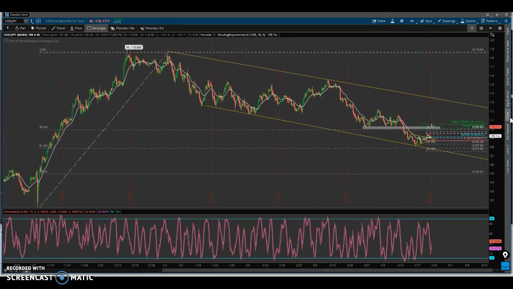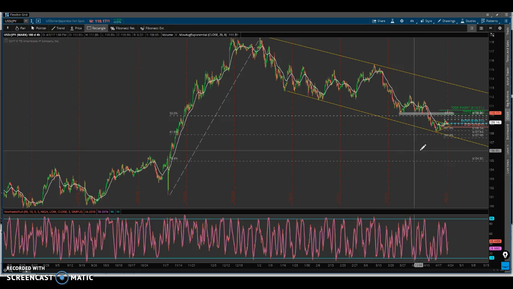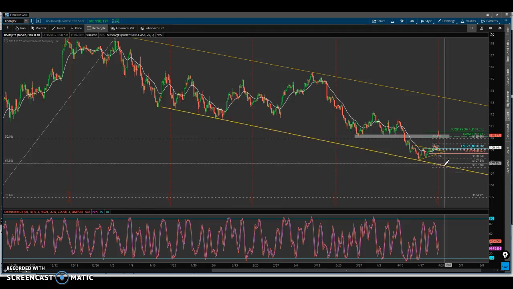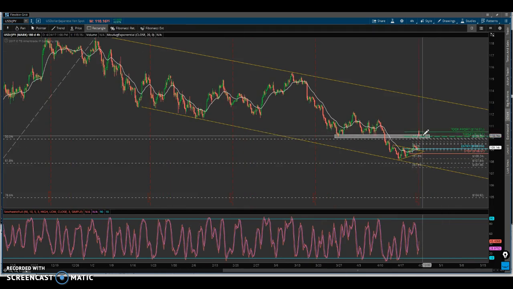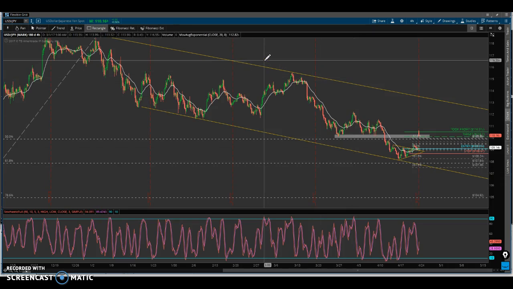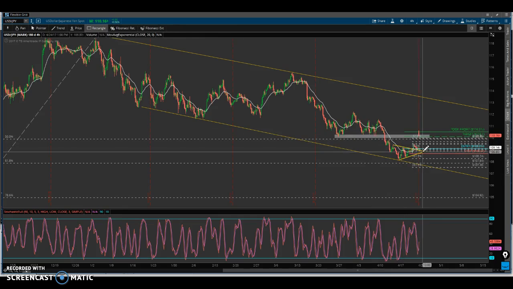If you're still short biased on this, and they say the trend is your friend, that would be a stellar place to enter the trade in anticipation of the market moving lower. You could place your stops up here. I'm not in anything right now on this. I'm just going to let it play out, probably Sunday night, maybe tomorrow, to see what happens.